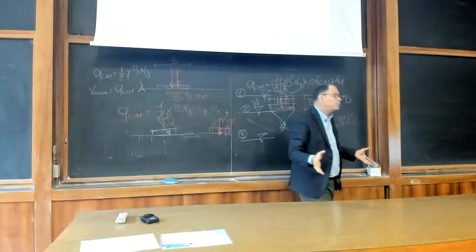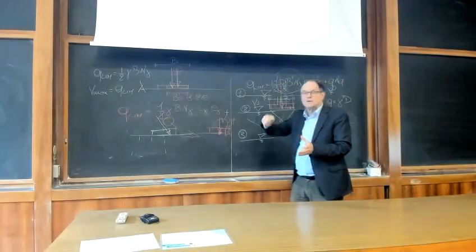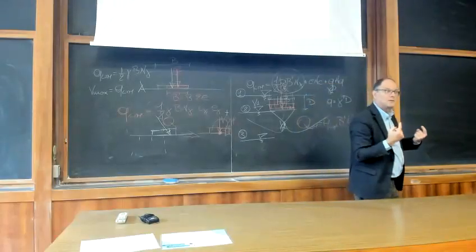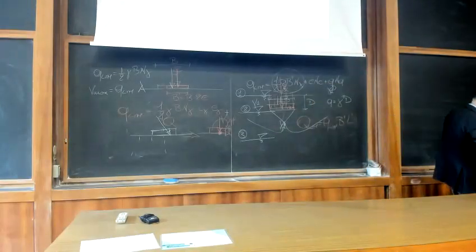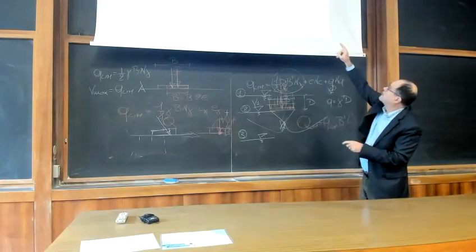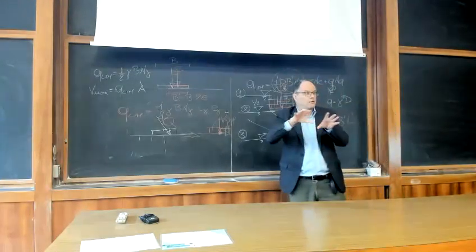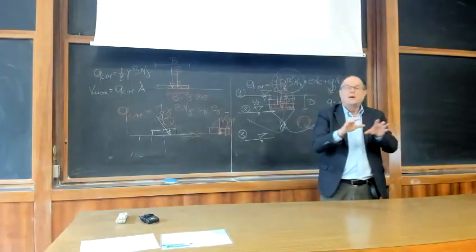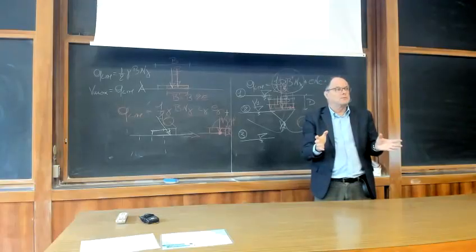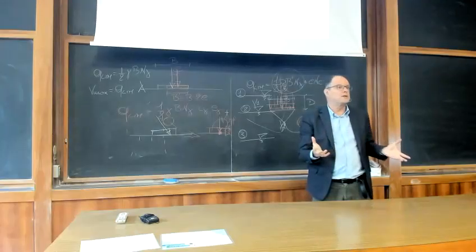And you can also put together in no longer a plane where you have V and M or V and H, but in a space of the loading components. A 3D space of loading components where you have V, you have H, and you have M. And you end up not with a curve, but with a surface inside which you have all the load combinations safe, and outside which you have unsafe load combinations.